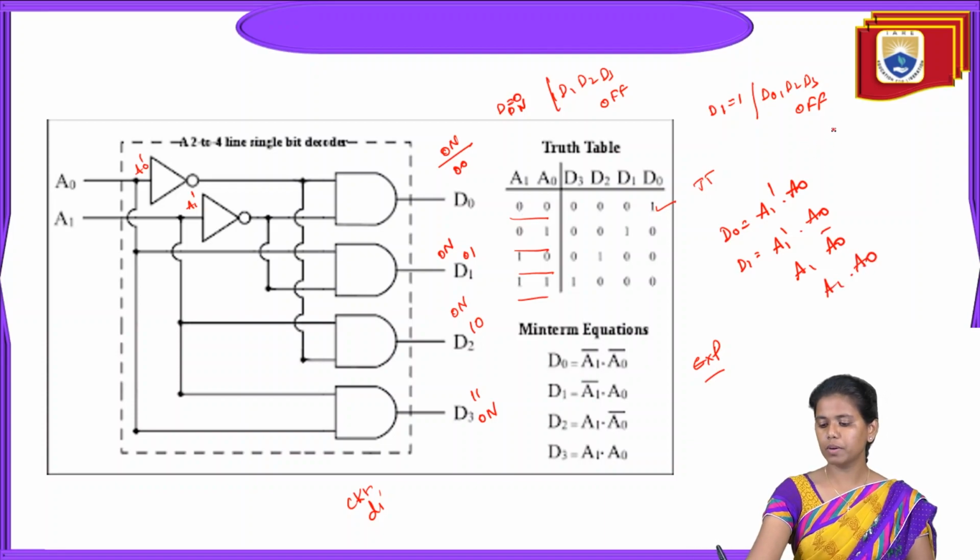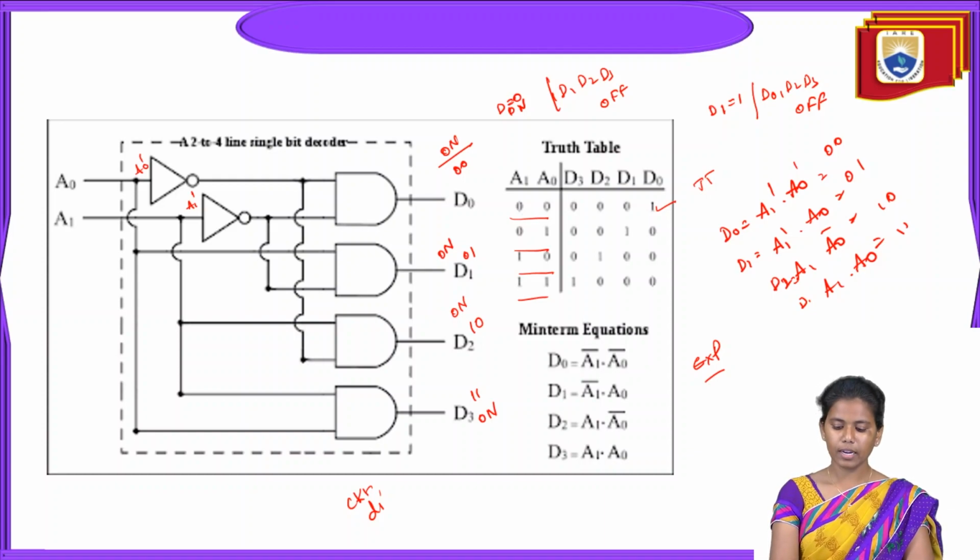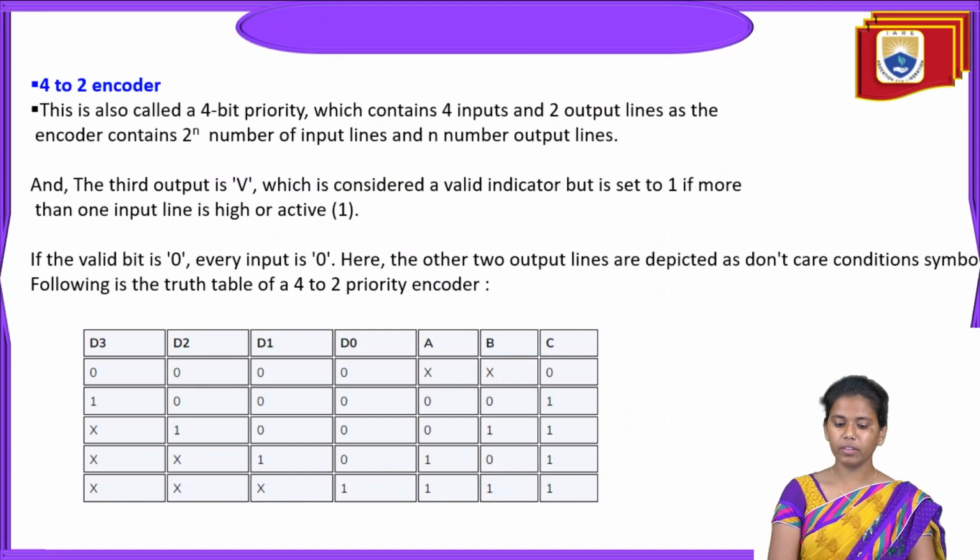So here you can observe the conditions 0 0, 0 1, 1 0 and 1 1. Based on the conditions, the enabling of the decoder output D0, D1, D2 and D3 is observed. That is how we can write the expressions.